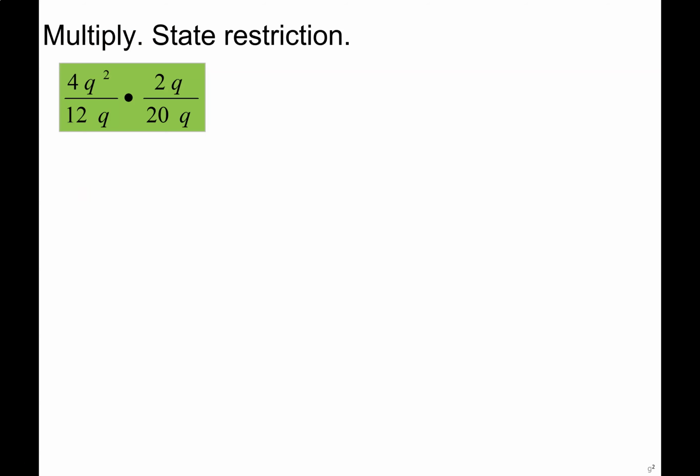All right, here we go. Let's go ahead and work on this one. We can multiply straight across, and then we could simplify. It is up to you. All right, here we go. So 4 times 2, that'll give me the 8. And then here, what we do is we're going to add the exponents.